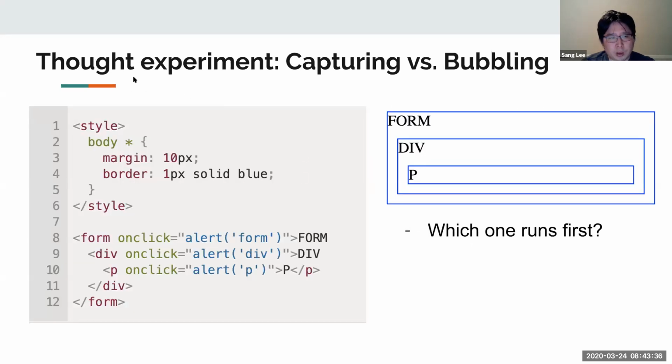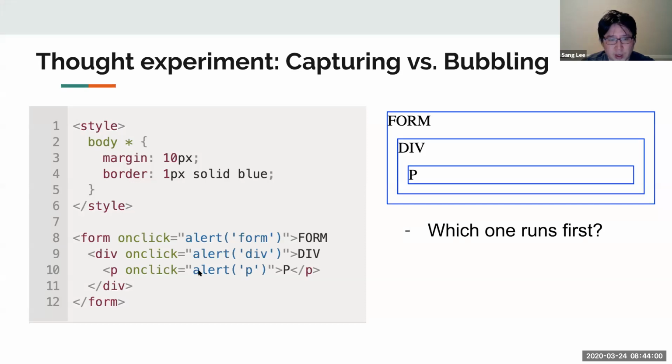So this is a thought experiment. Imagine that I have this code, and this is the hierarchy. The top level element is form, and under the form there's going to be a div element, and there's going to be a p element, and it's going to look like this.